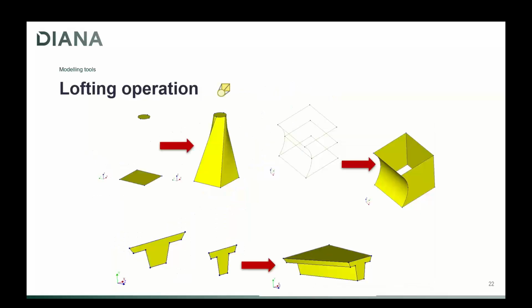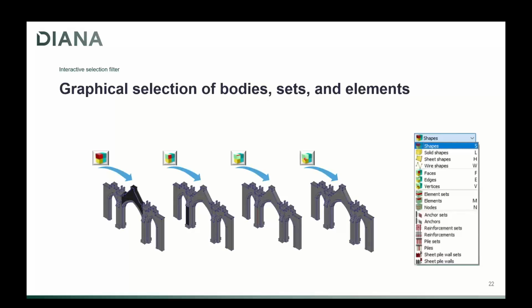You can generate complex geometry with minimum information using smart functions like lofting operation, for instance. Here we have a couple of examples of this lofting operation. And you see that with minimal geometry information, you can build quite advanced and elaborate 3D geometry.